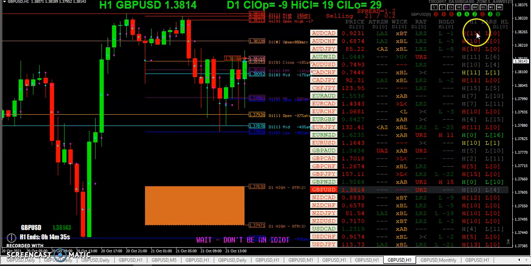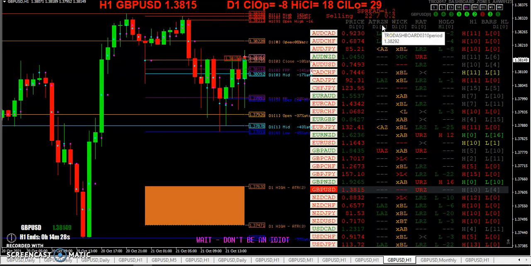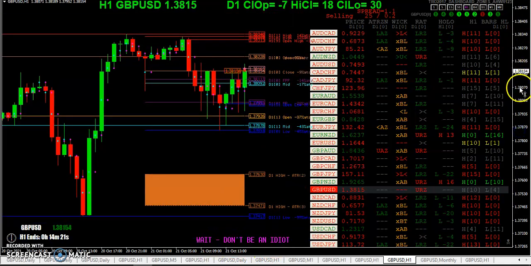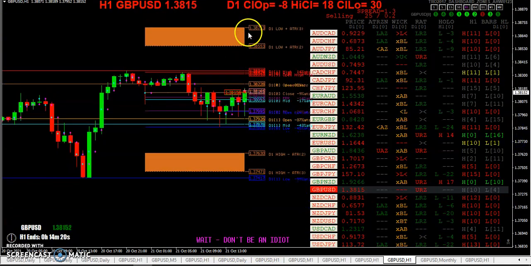So we've got the 1, 2, 3 indication here. We've got the holo, we've got the rat, we've got the wick, and we've got the ATR zone. So this is the ATR saying you don't want to look for a reversal until price gets into the ATR zone. But that's just one method.